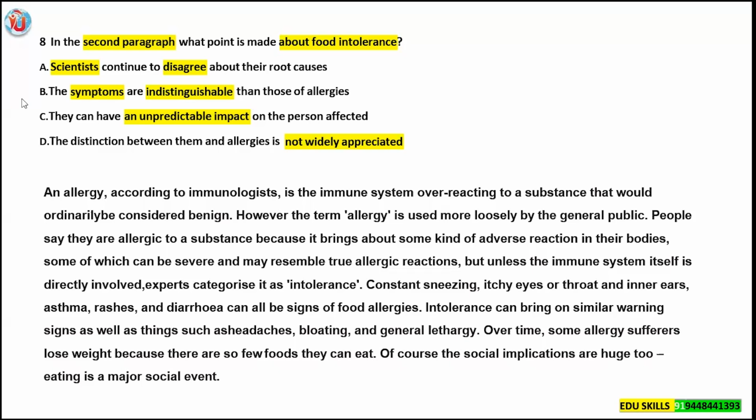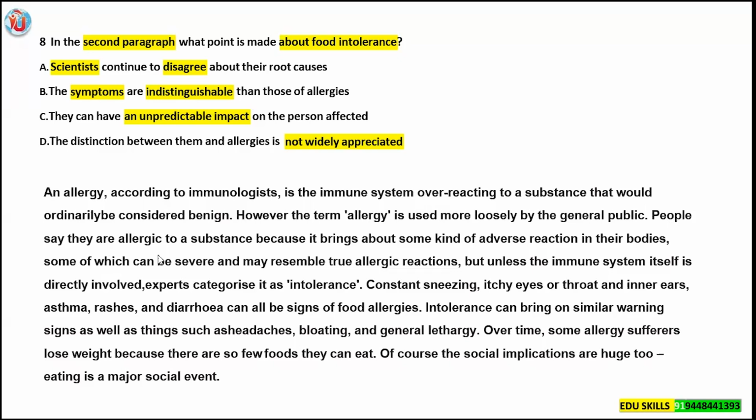Okay. Let's read the text. An allergy, according to immunologists, is the immune system overreacting to a substance that would ordinarily be considered benign. However, the term allergy is used more loosely by the general public.